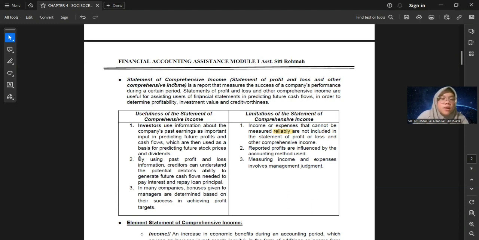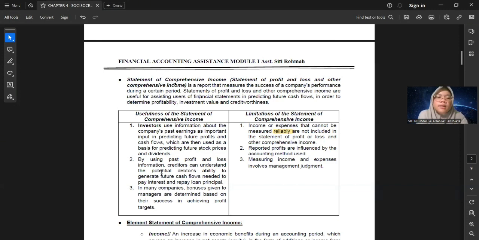Okay, the second one of usefulness is that by using past profit and loss information, creditors can understand the potential debtor's ability to generate future cash flow needed to pay interest and repay loan principal.